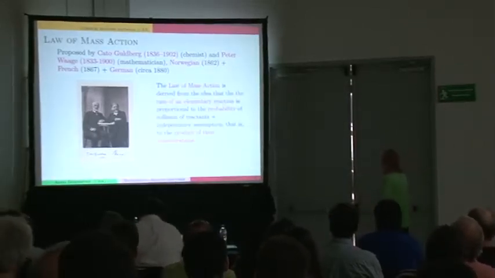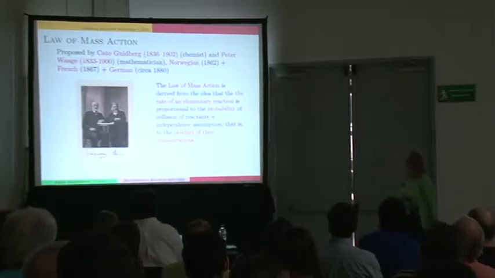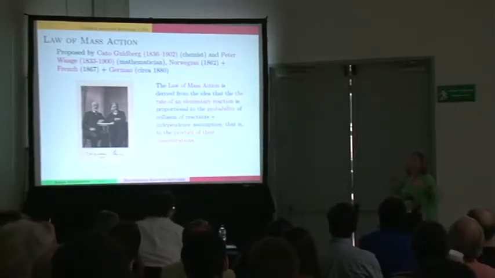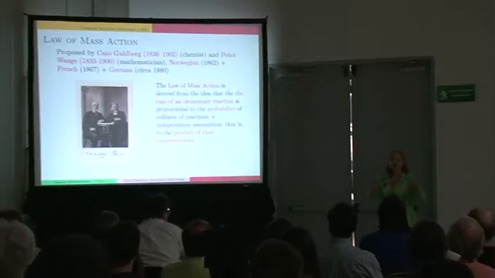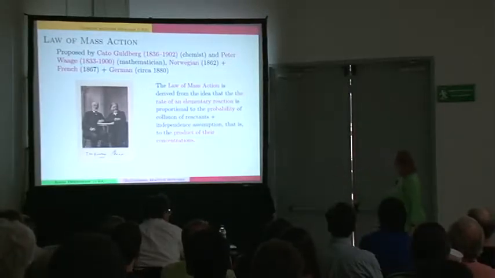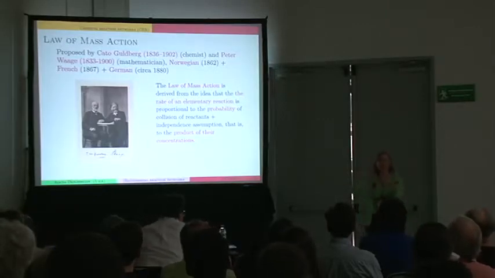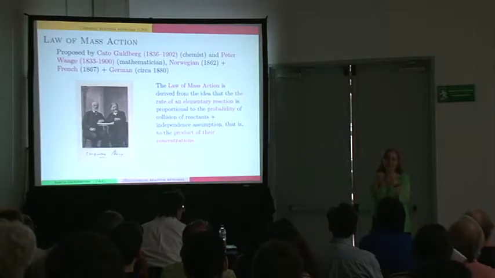And so what they propose is the idea that the rate of a reaction, how this changes with time, is proportional to the probability of collision of the reactants. So the probability of the two molecules that have to bind depends on the concentration of the two species that have to bind.